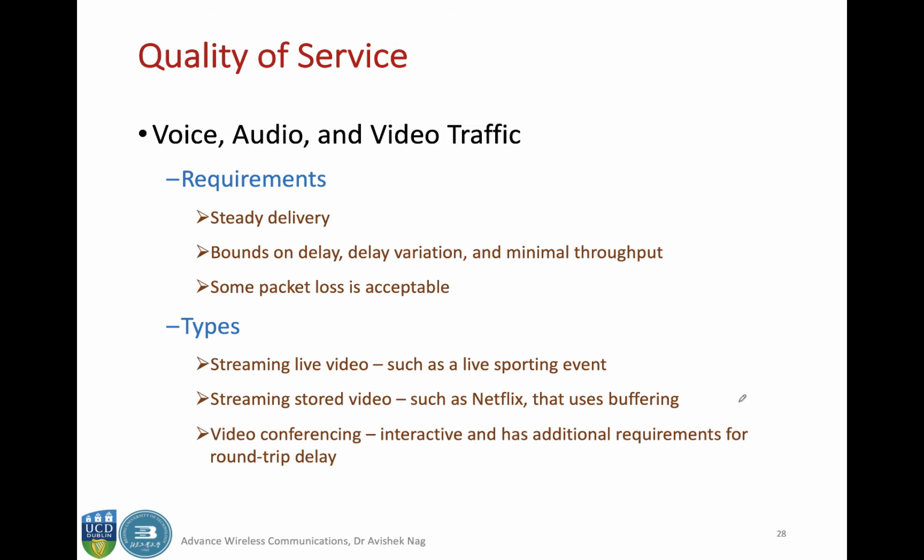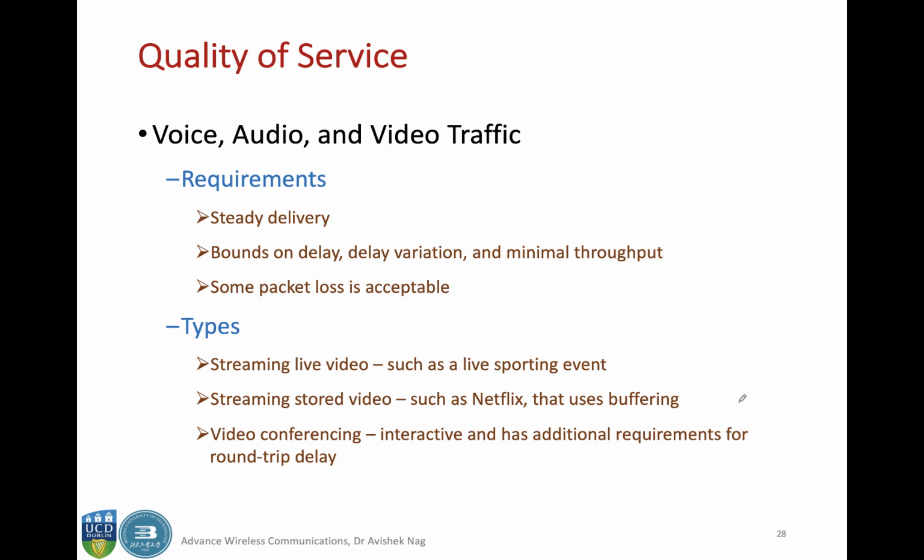Depending on the types, the requirements can be different. There can be requirements of steady delivery, requirements in terms of delay, how much delay you can tolerate, what the minimal throughput could be, etc.